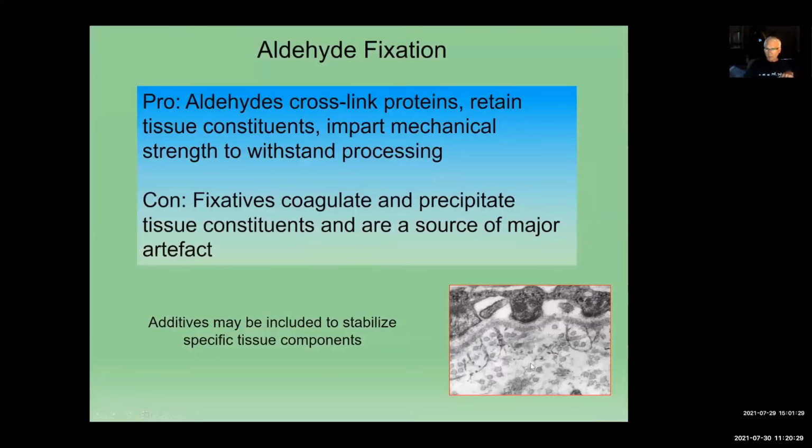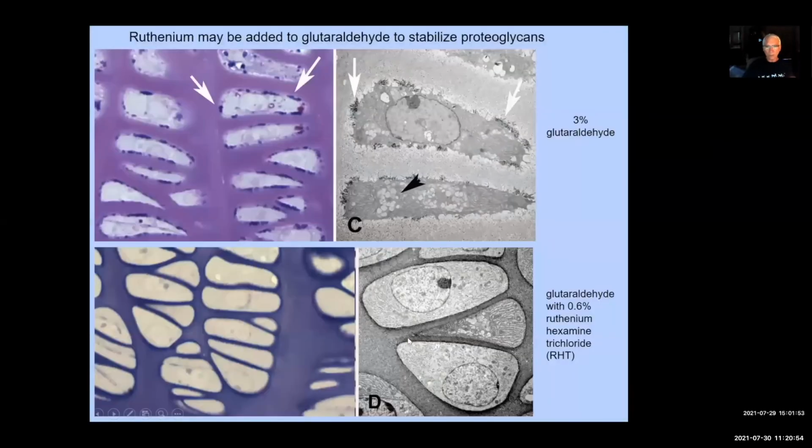Here in this image of skin, we can tolerate the extraction and precipitation, but I'll show you a few images in a little bit on high pressure frozen skin and how it differs remarkably from what we consider to be good fixation in skin. I'll also mention that additives may be included in the primary fixative, also the secondary fixative, to stabilize specific components. Now, here's a good example in cartilage.